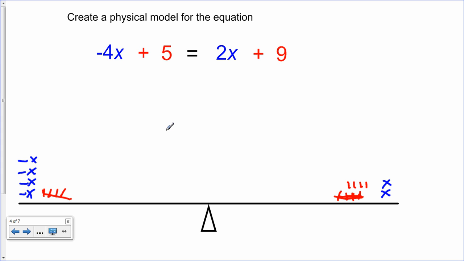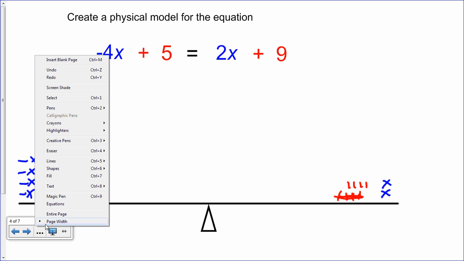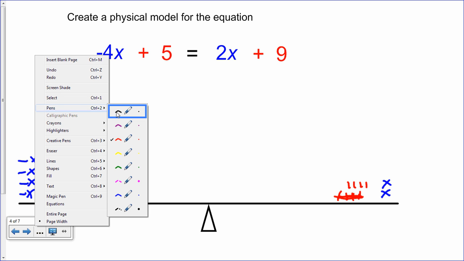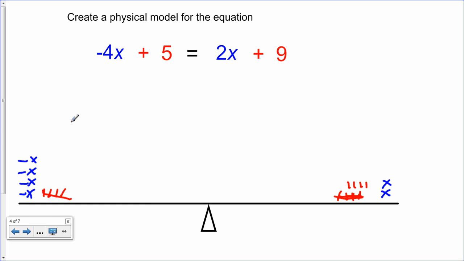Now, how do we gather these x terms to one side of the equation? Well, here's the way we look at it. I'm going to bring in a new color here, let's go green.